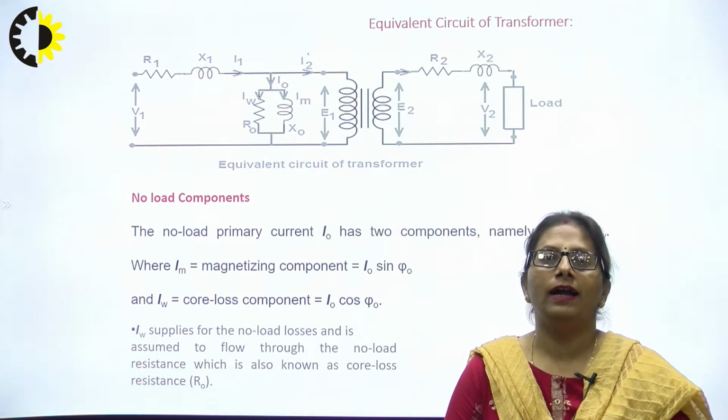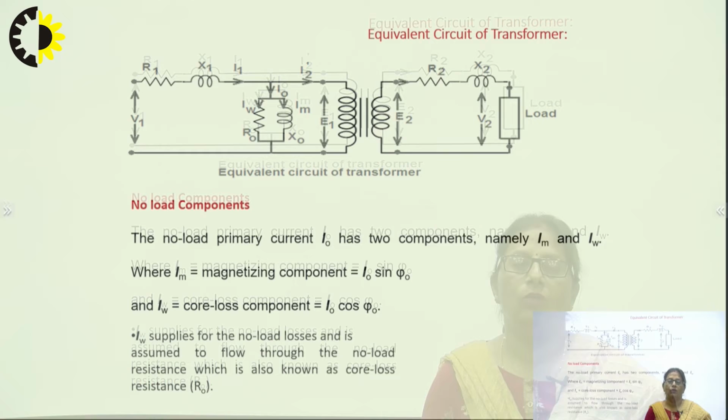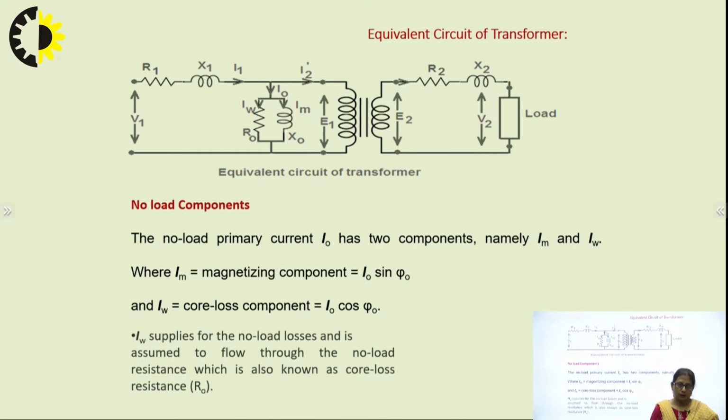Now, what is the requirement for having an equivalent circuit of the transformer, or for studying the phasor diagram of the transformer? We need to have the performance characteristics of the transformer. Generally in a transformer we have two circuits, the primary circuit and the secondary circuit, which includes the primary winding, the no load component, and the secondary circuit, the load component.